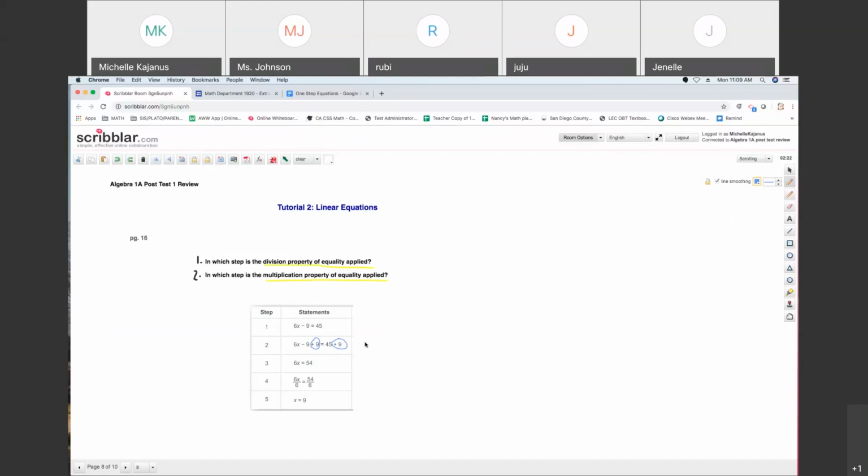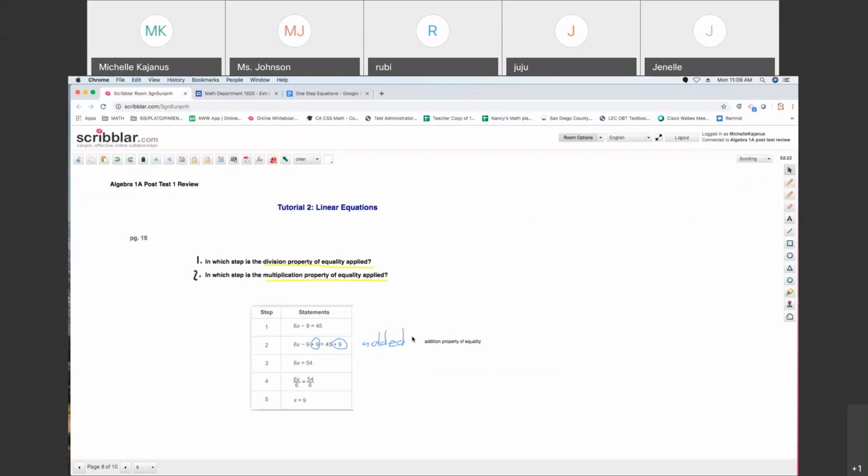So what they did here, they added. We call this the addition property of equality. Addition property of equality.